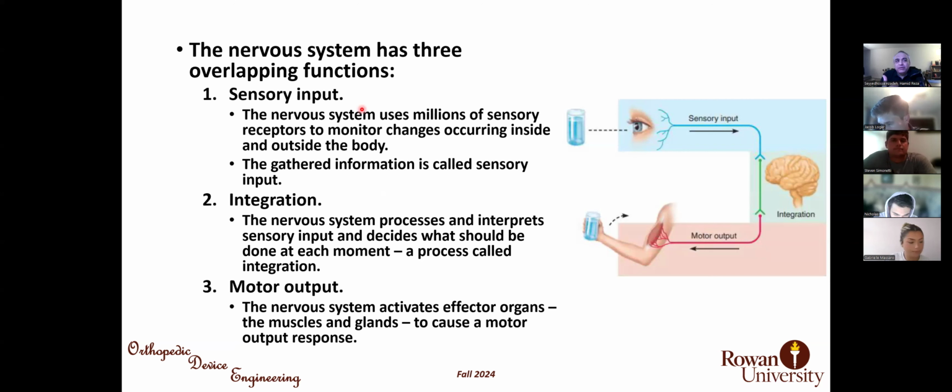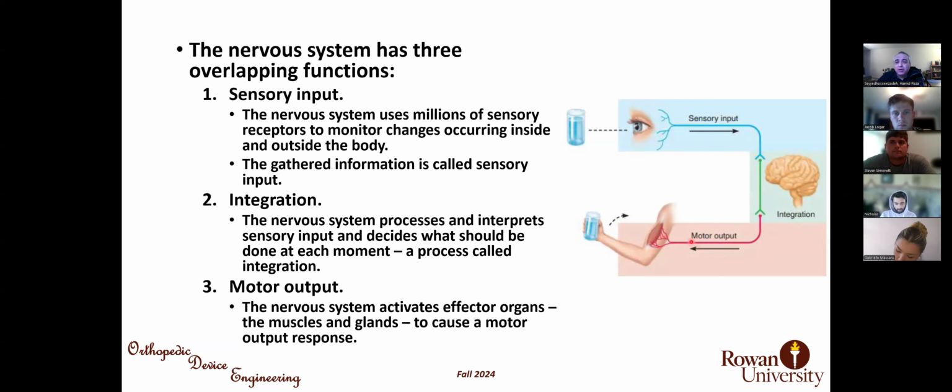So sensory input gathers the information. Then this information is sent to the brain. The brain itself is the processing center for our nervous system. Every piece of information is gathered in the brain and processed or integrated. And then based on this processing, a response is prepared. And this response is sent to the effector organs through nerves.